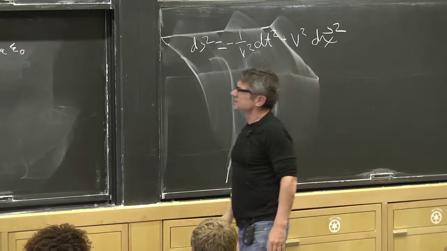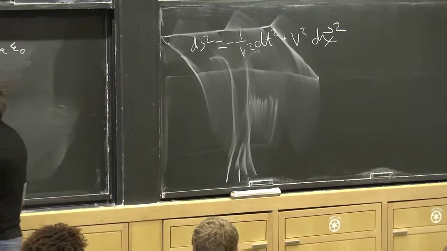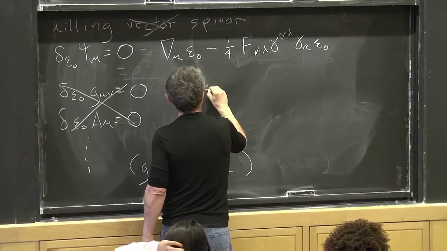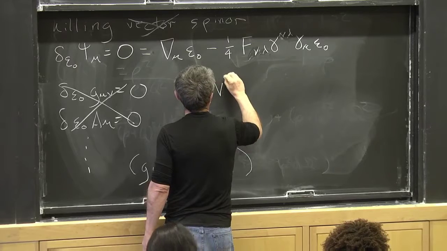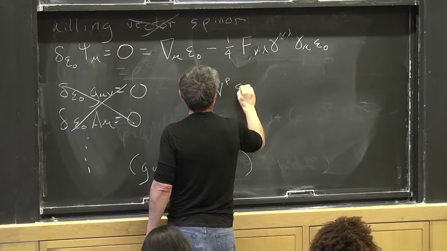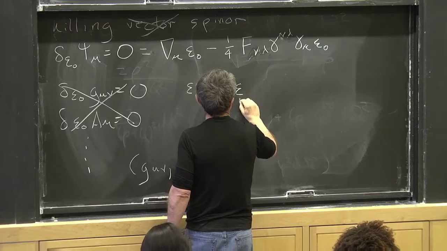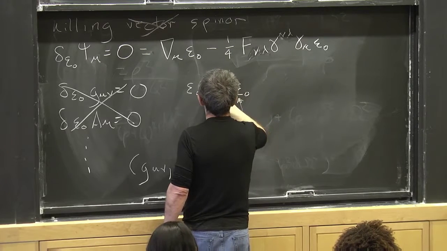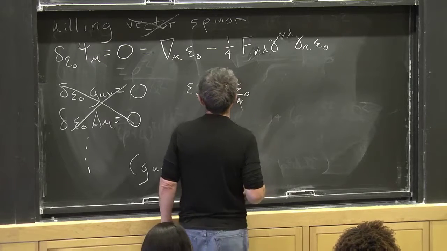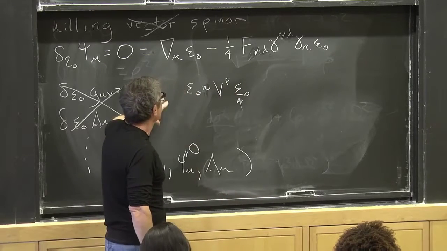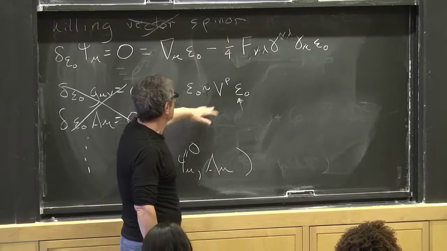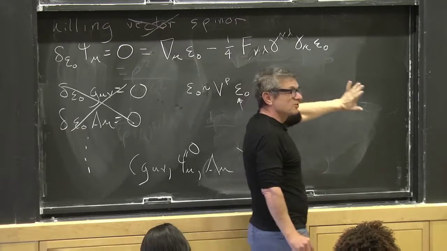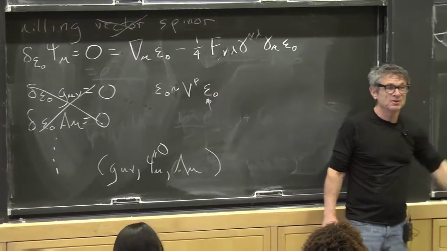In this background, it turns out that epsilon naught is of the form v to the p times some constant epsilon with some conditions on it. So the homework problem is to find the epsilon naught, and I'll give you a hint that it looks something like this, which solves this equation. Okay, I'm not going to do this on the board, homework problem.